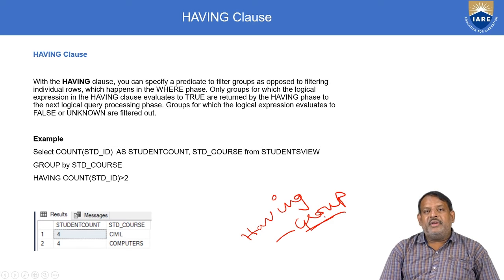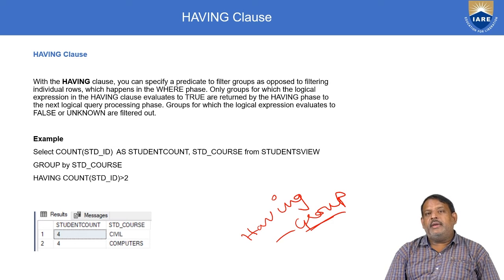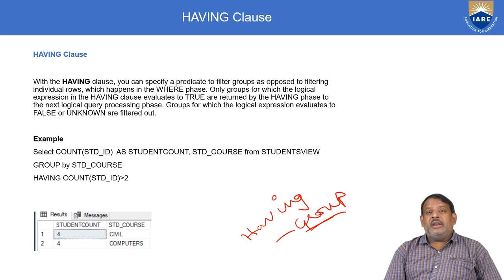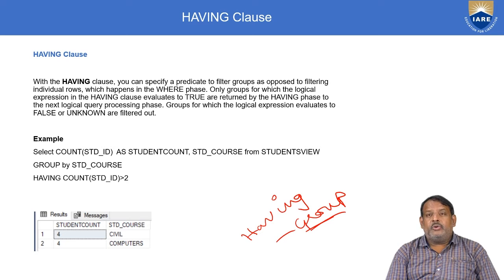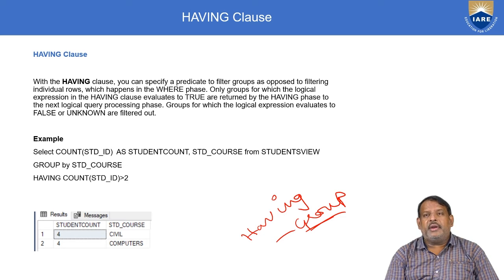So with the having clause, you can specify a predicate to filter groups as opposed to filtering the individual rows. For filtering the individual rows, you use the where clause, whereas for filtering the groups, you have to use the having clause. Only groups for which the logical expression in the having clause evaluates to true are returned by the having phase to the next logical phase. Groups for which the logical expression evaluates to false or unknown are filtered out.